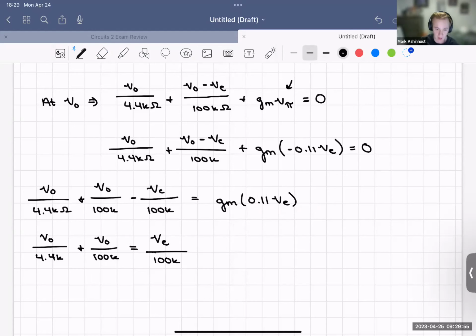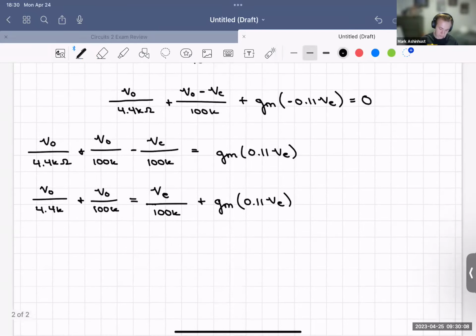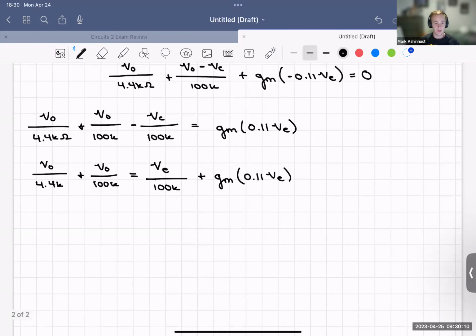There we are. So then we'll have voltage at the emitter over 100K plus conductance times 0.11 voltage at the emitter. Well, there we are. And now we'll simplify from here.